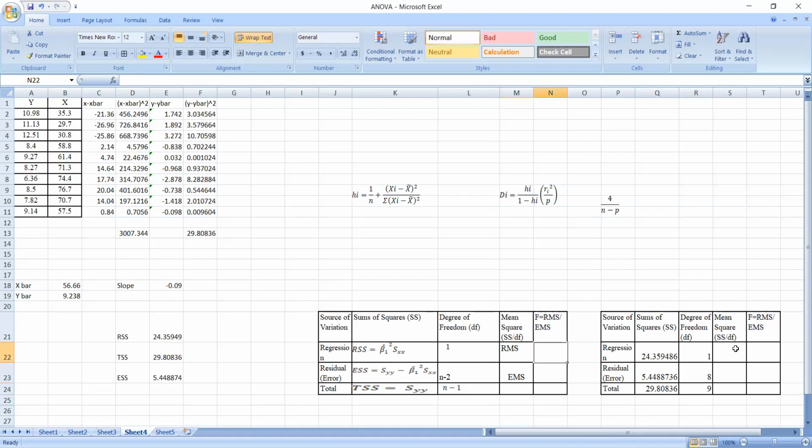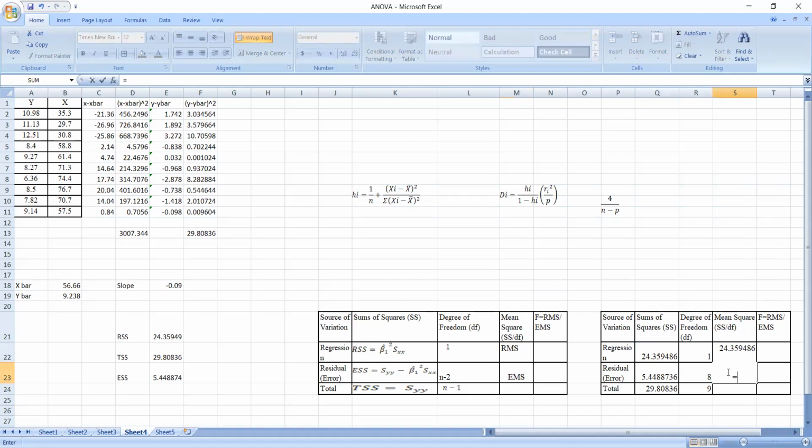For the regression mean square, we have to take the regression sum of squares, that is 24.35, and divide it by the respective degrees of freedom, which in this case is 1. So you get the same value as the regression sum of squares for the regression mean square value.